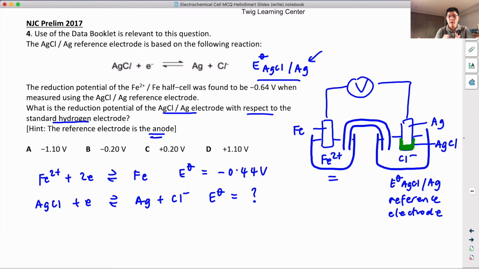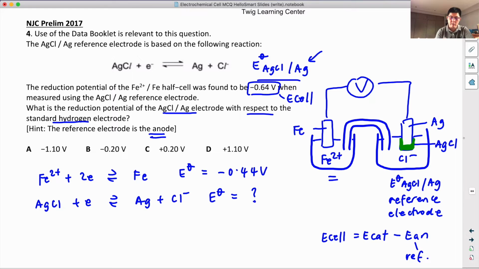Just take it that the reference electrode is the anode, because when we learn E cell, E cell is E cathode minus E anode, and this one is your reference. This is usually your reference. So they say the reduction potential was found to be minus 0.64 volt. This is a bit confusing, but what this value is telling you is actually your E cell.